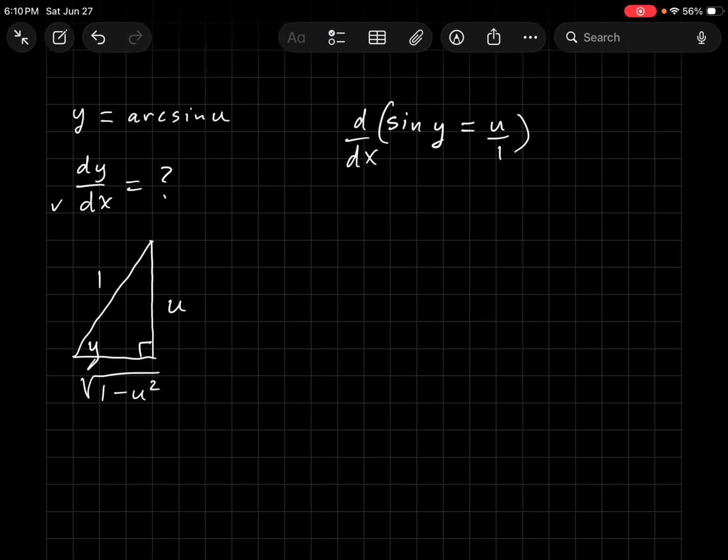The derivative of sine of y is the cosine of y. But with respect to x, we need the chain rule, times dy dx.